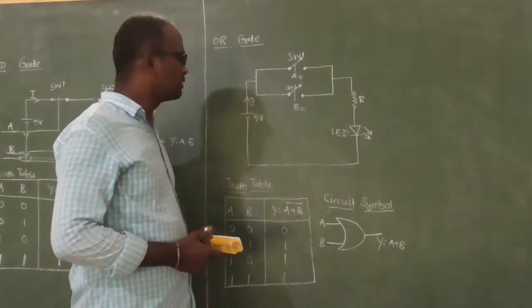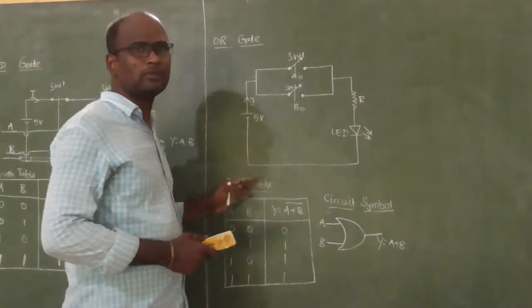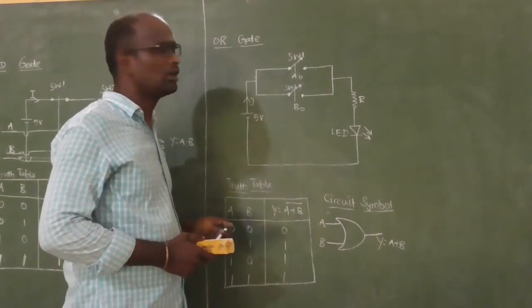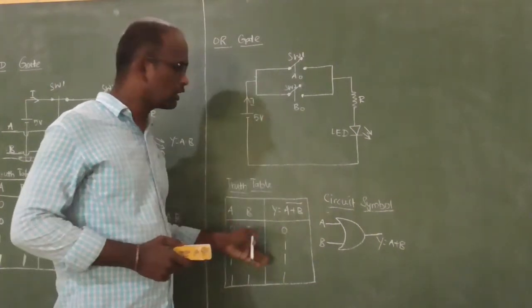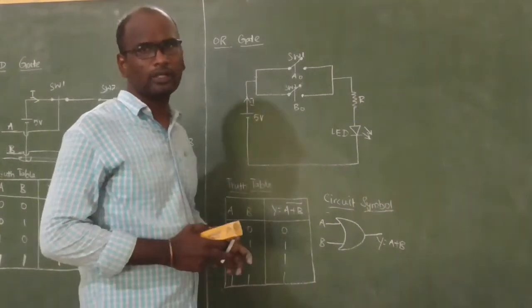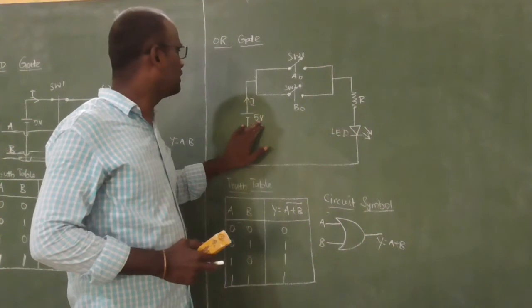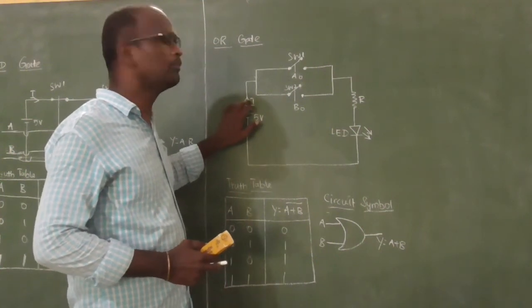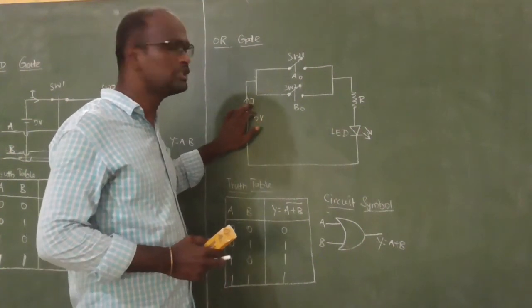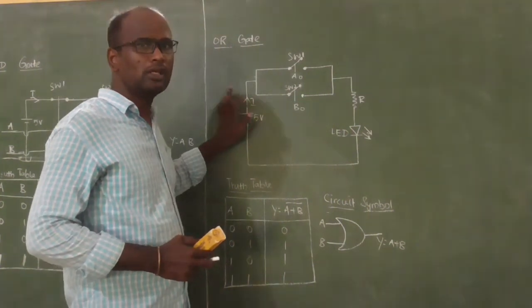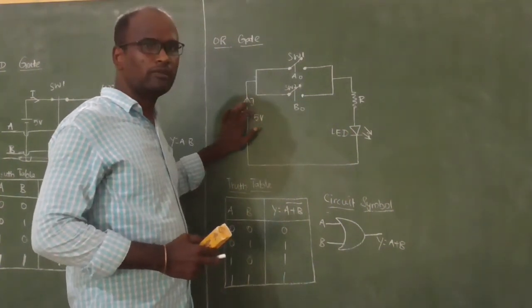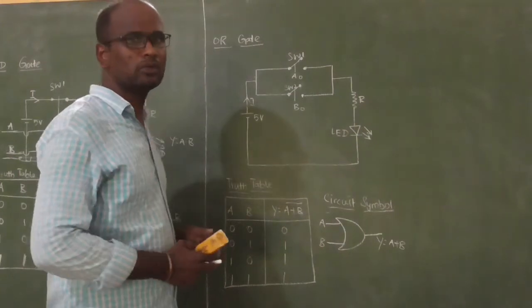Okay, that means this circuit will perform the OR logical operation. How will it perform the OR logical operation? Let's see. Understand? Since we are applying 5 volt, the main current, this is not switching current, is to be entered into the output.